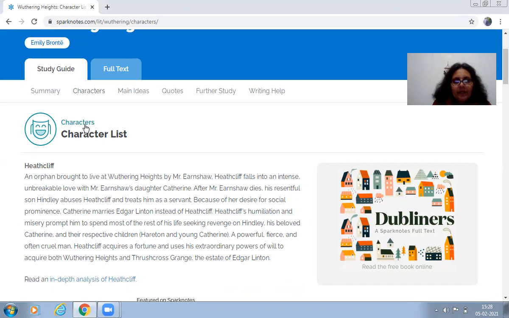When Mr. Earnshaw dies, his son Hindley does not like Heathcliff, and after his father's death, he becomes the owner of the family, and he treats him not only as a servant, but in a bad manner.